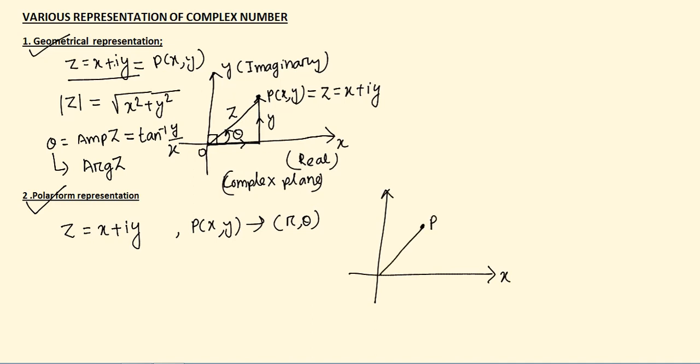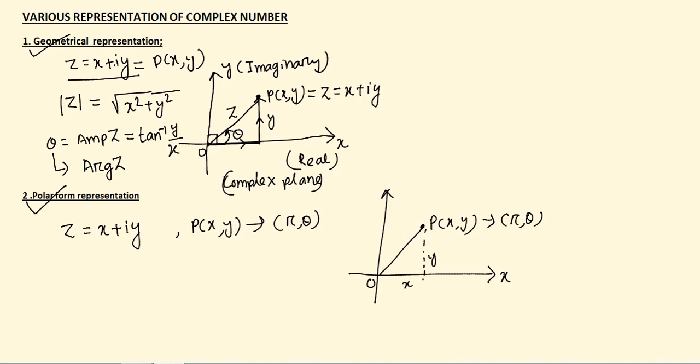This point represents the complex number in Cartesian coordinate form, and here we have to convert this into polar form.